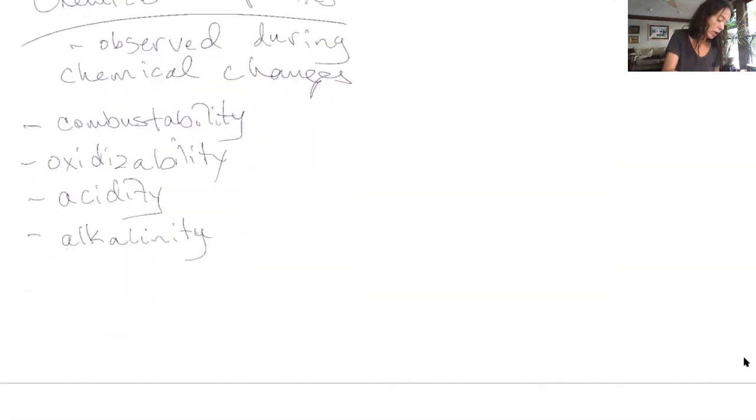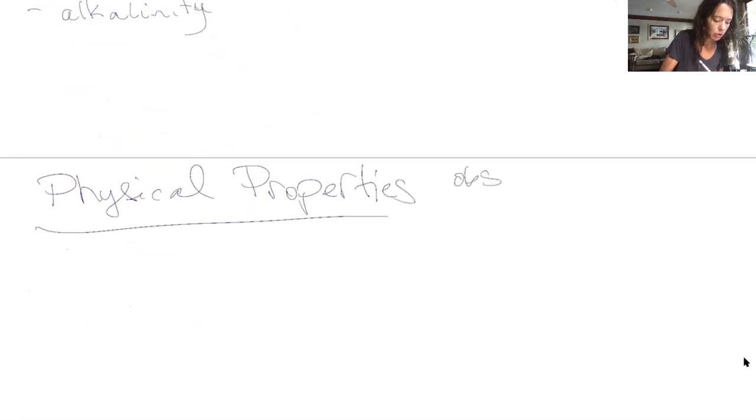Now, we would then go to physical properties, all right? And those are easily observed, right? And you do not have to cause any changes to observe your physical properties, right? So you can observe these without changing the substance.